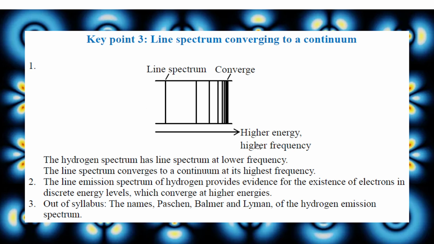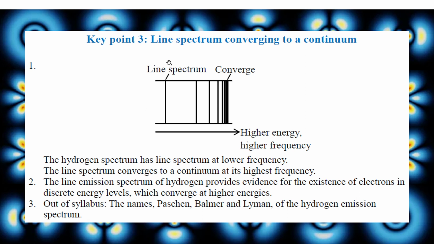We see that the lines become closer and closer together, and at the higher energy parts, they converge. So many lines are so close together they become a short continuous spectrum. We call it a continuum.